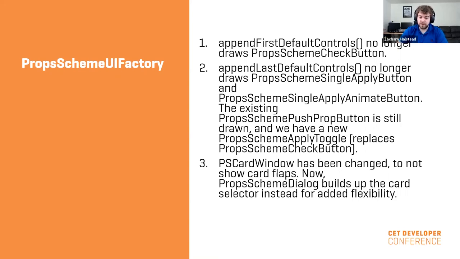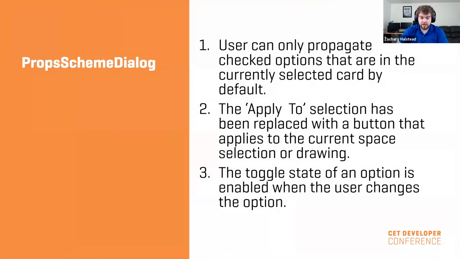Then the prop scheme card window has been changed to not show card flaps. Now prop scheme dialog builds up the card selector instead for added flexibility. And then the prop scheme dialog. So a user can only propagate checked options that are in the currently selected card by default.